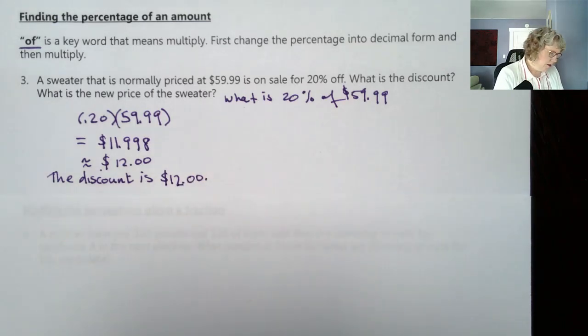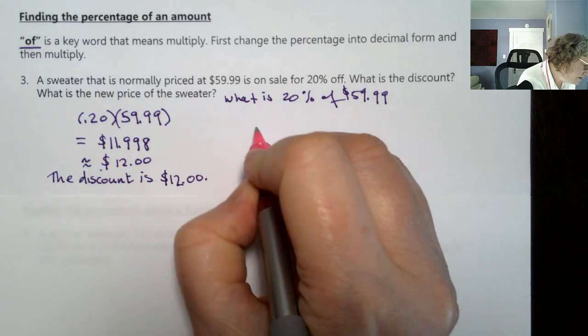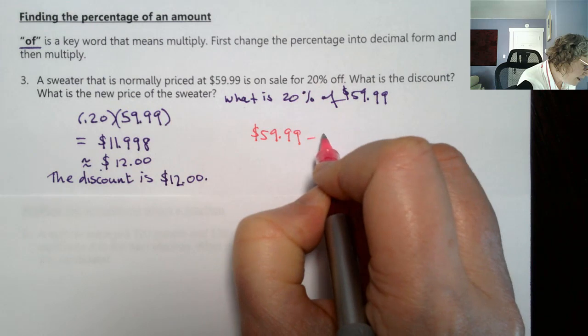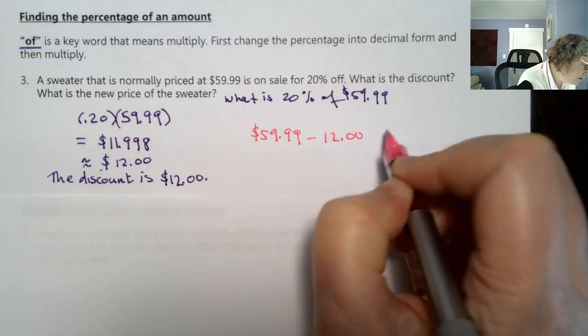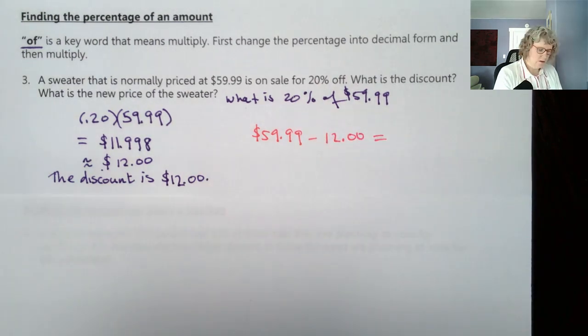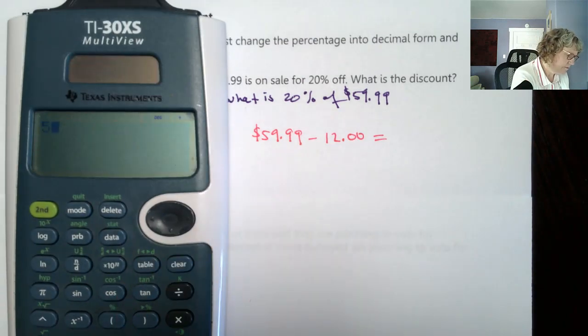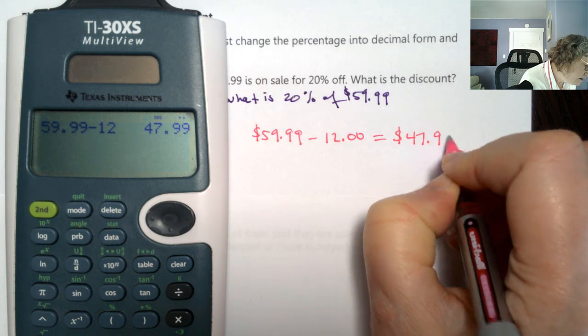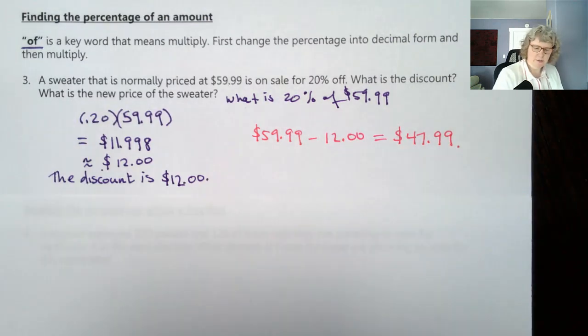And then over here, I'll go ahead and subtract. So $59.99 minus $12. Let's go ahead and do that. $59.99 minus $12 is $47.99. Okay, still an expensive sweater.